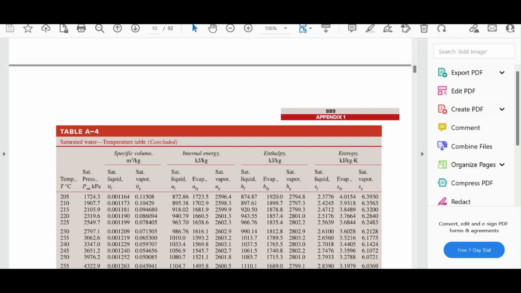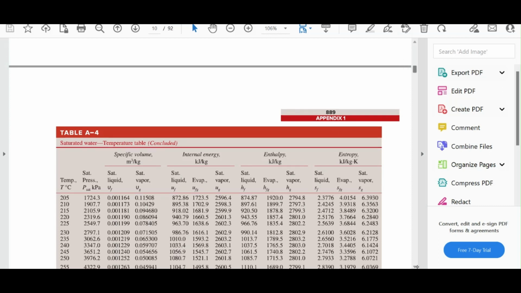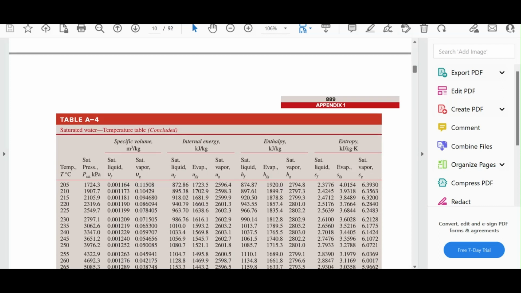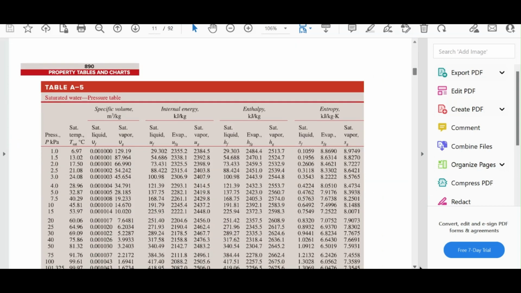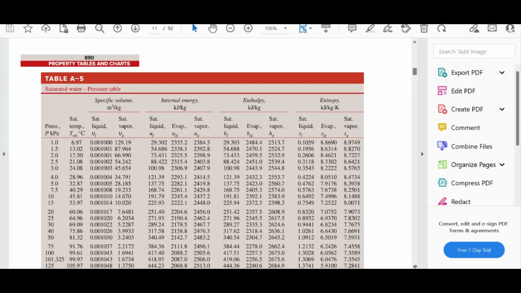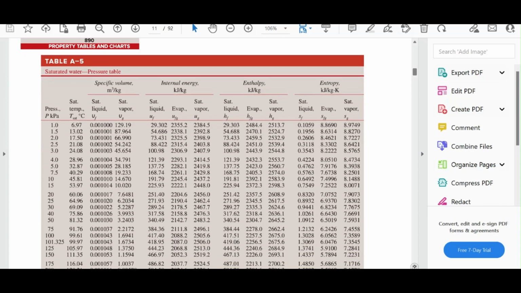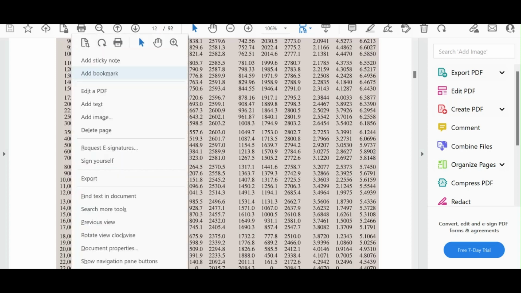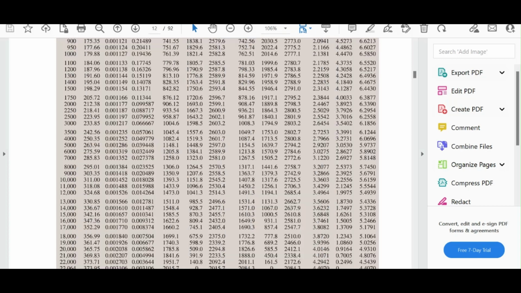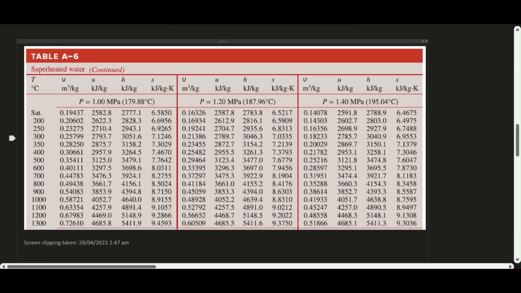At the pressure, let's go to table A5, I mean. At the pressure of 1.3, that is 1,300. Yes, here we are. Okay, let's do this.